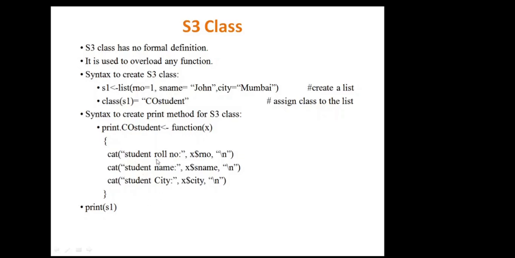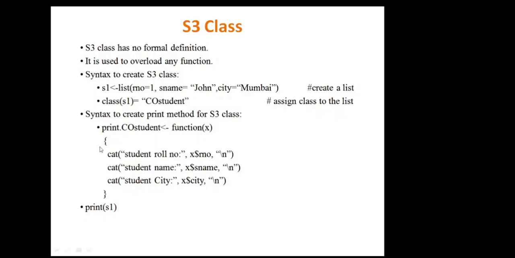That is, I want to display student roll number equals to x dollar roll number, student name, student city. It means that we are displaying the value of roll number from the x object, the value of name from the x object, and similarly for city. Okay, and this cat function is used to write output to the output console, or we can write output to a file also.